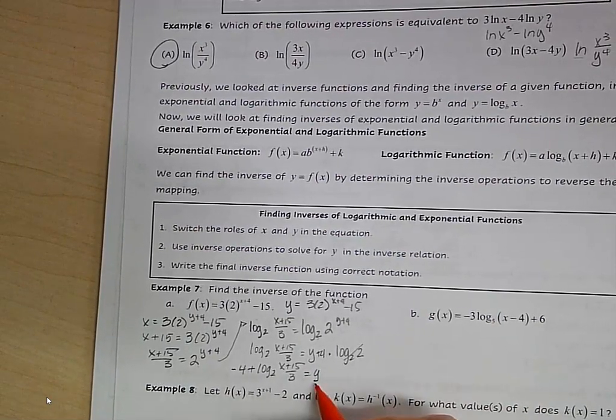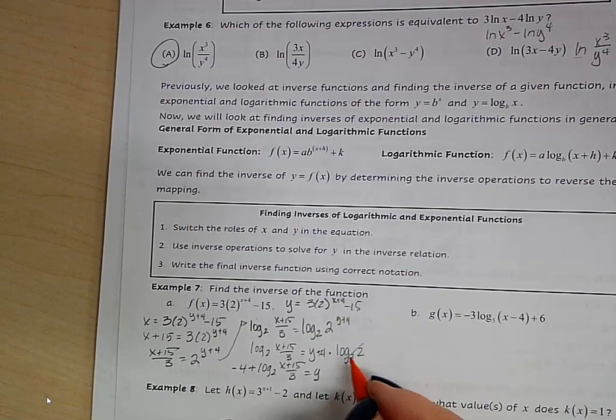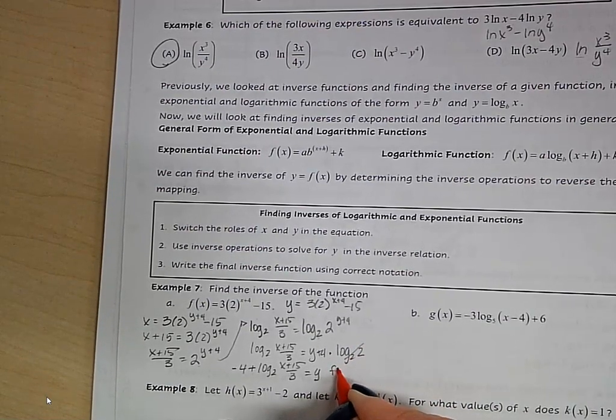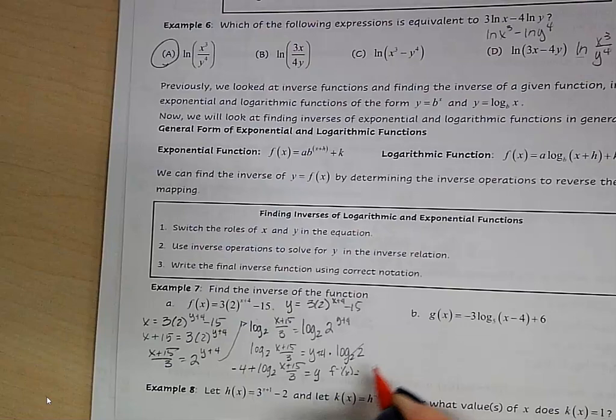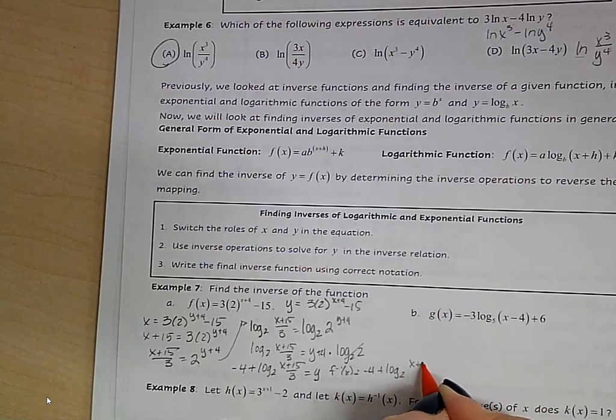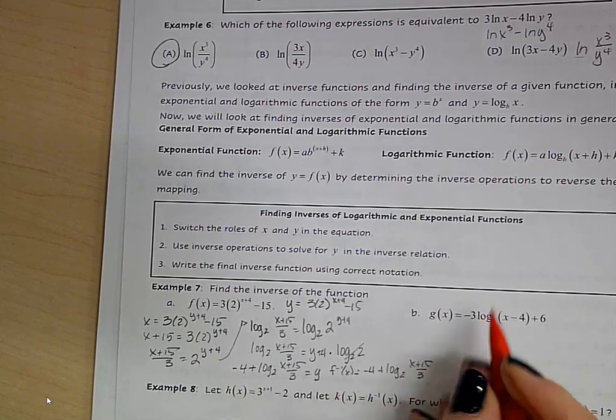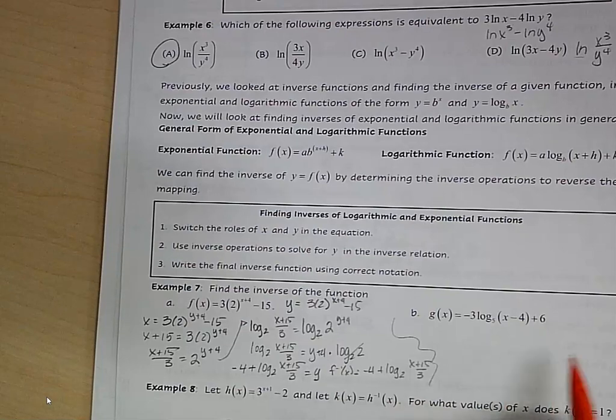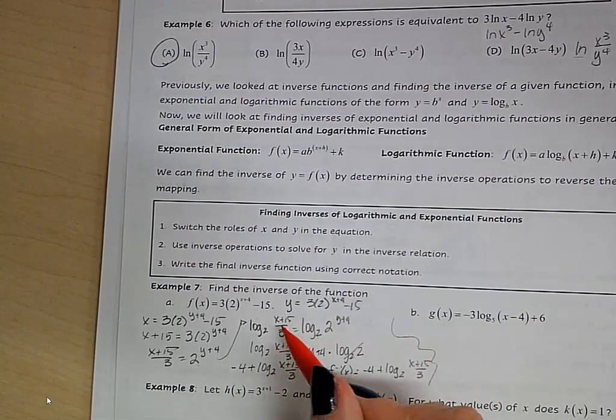But recall, that would not be full credit. The inverse, you would need to say f inverse of x is equal to negative 4 plus log base 2 of x plus 15 over 3. So that's when we had our exponential.